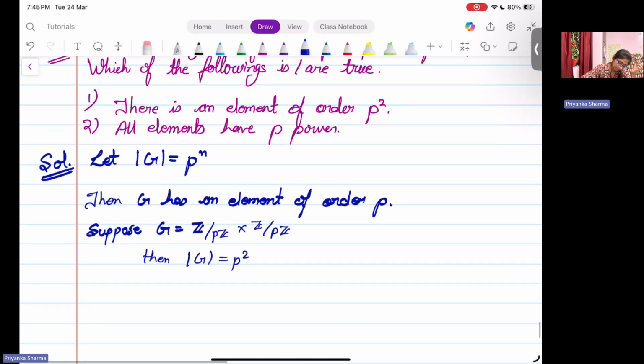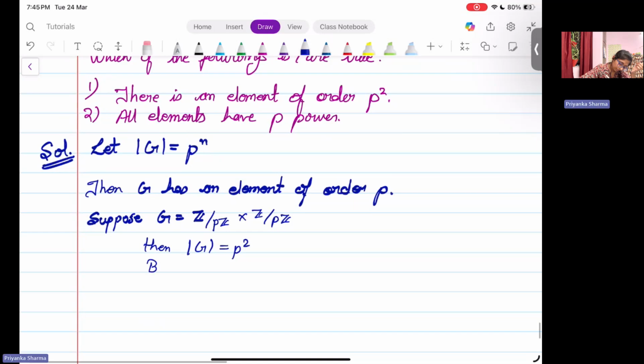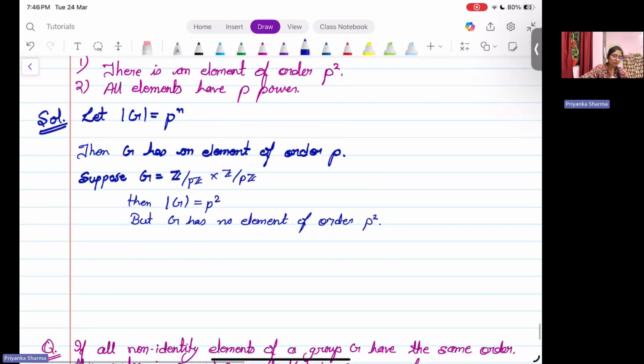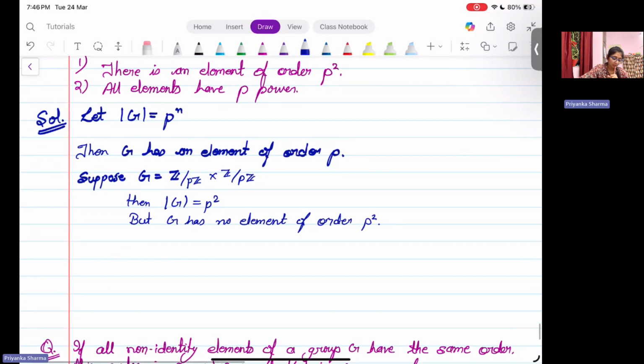Order of G is P square, but G has no element of order P square. Okay, we can only conclude that G will have an element of order P, but not about P to the power some natural number greater than 1. Okay, so option 1 is false.